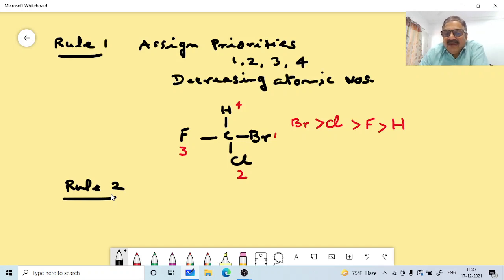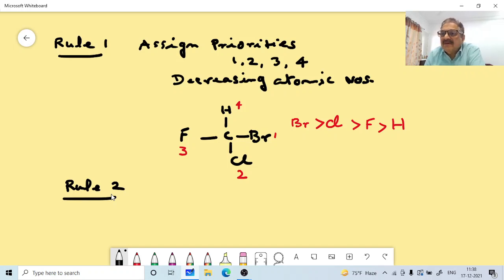If again the bonded atom is the same, go further and work outward, until you get one atom of a higher atomic number, which will determine the priority. So continue to work outward until there is a difference in priority. Got the point?